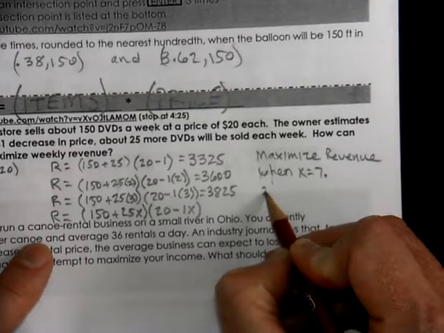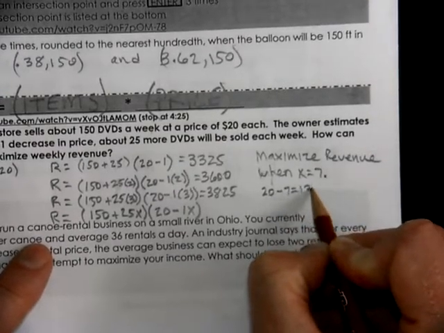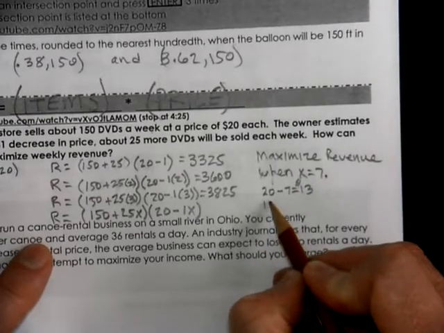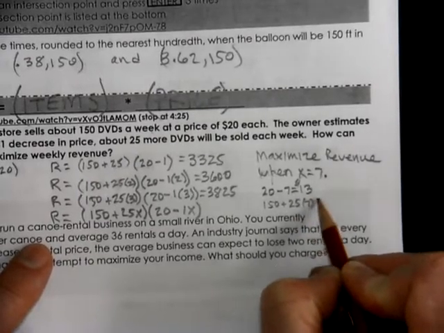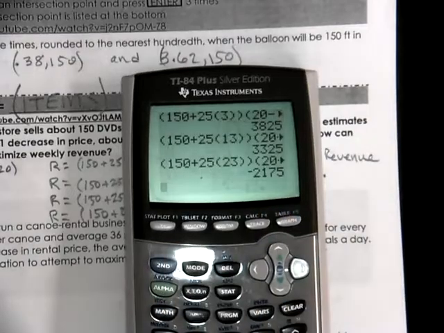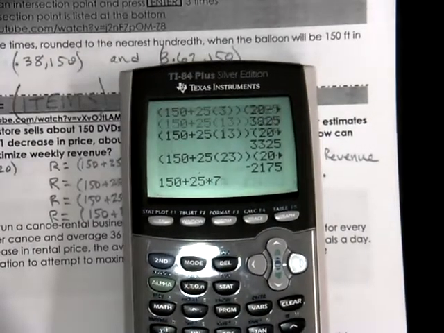So our price is going to be $20 minus 7. That's $13 a piece. And that's going to be 150 plus 25 times 7.